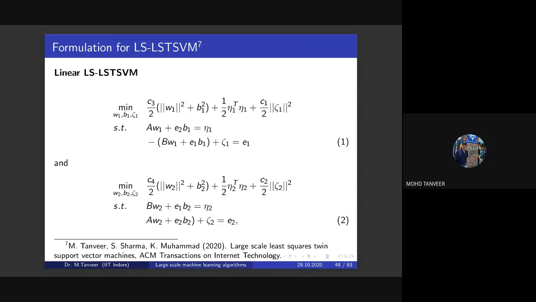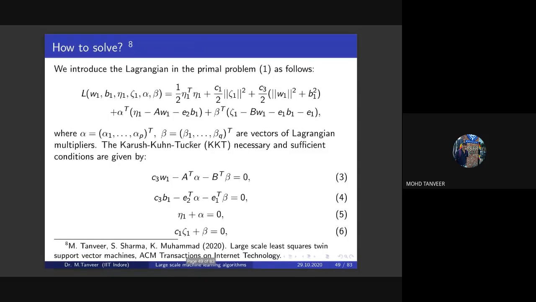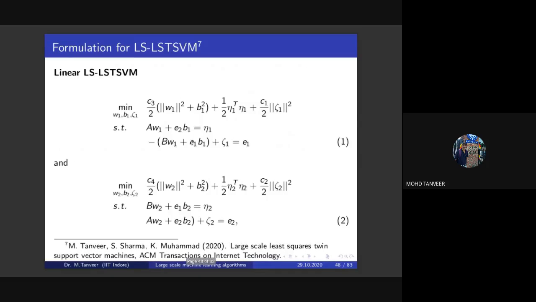So you can see in 1 and 2, the idea is quite simple, but the way of solving is great. In 1 and 2, we take both the equality constraints in the Lagrangian function.